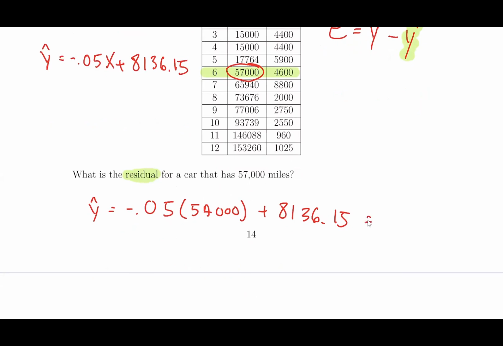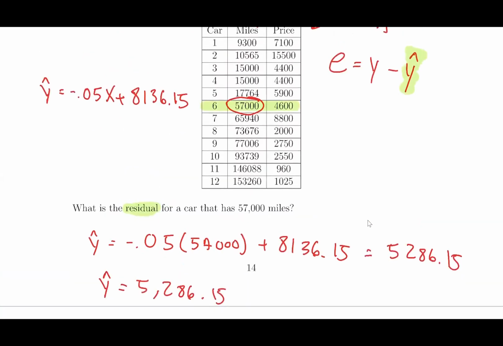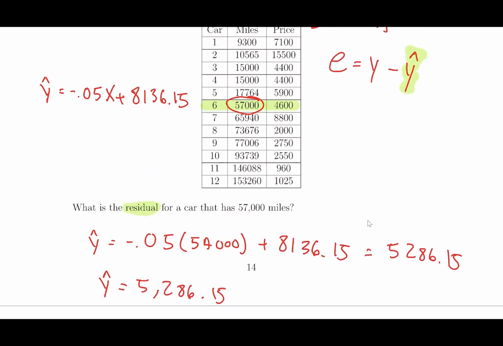All right, so you get 5,286.15. So y hat is equal to 5,286.15. So that's how you find your y hat.